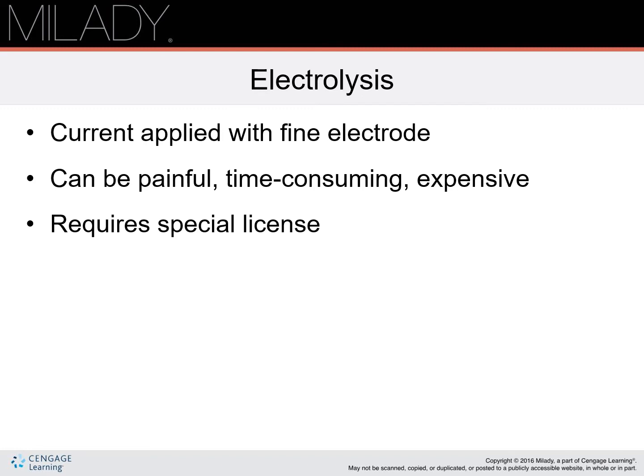You're talking about in the thousands. You do have to have a special license for this. You can look into your state and see exactly if this is in your scope of practice, or if you need more continuing education for electrolysis. But this is an option where it is going to kill all of those growth cells.